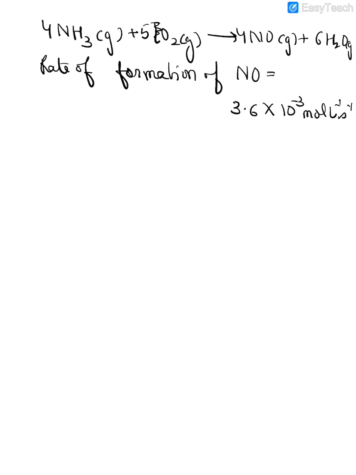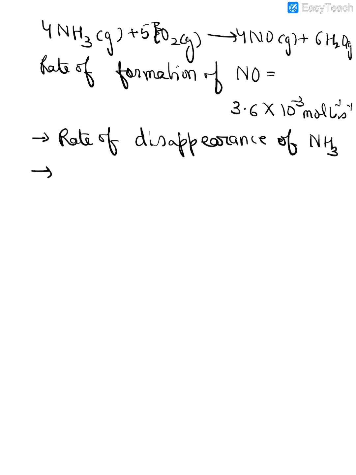And we need to calculate number 1, rate of disappearance of ammonia. Number 2, rate of formation of water. So how will we go for this numerical?